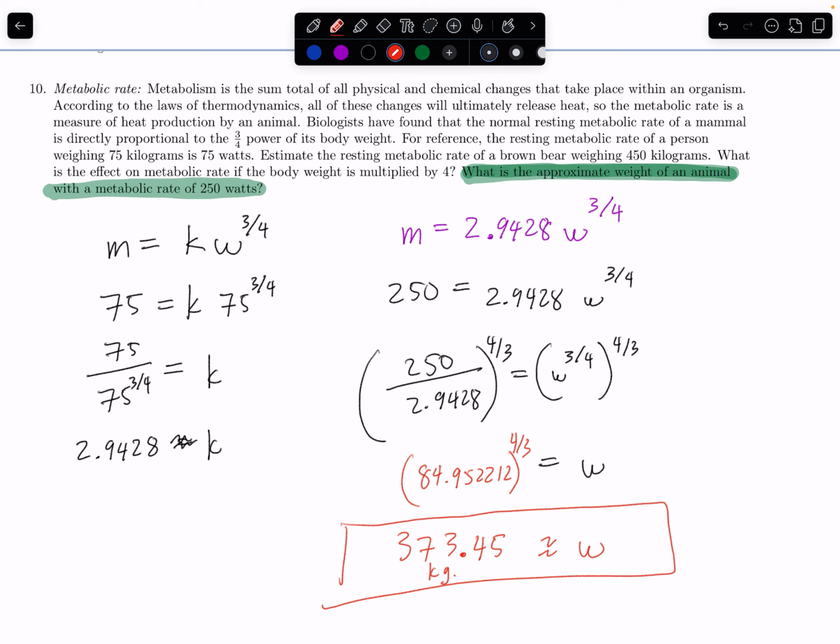What about the brown bear? Brown bear was even heavier at 450 kilograms, and that made, what did it make? Oh, I think I erased it already, but it was higher than 250, which it should have been because it was a heavier animal.